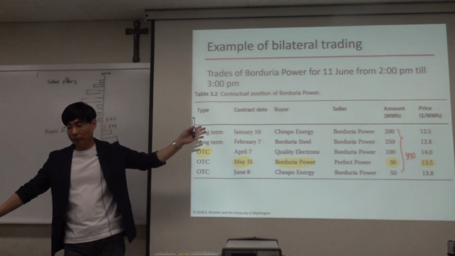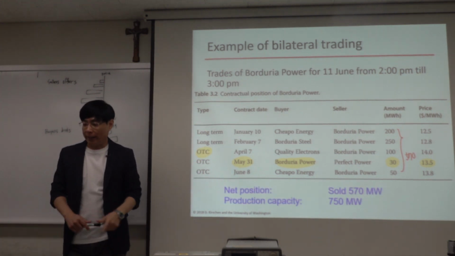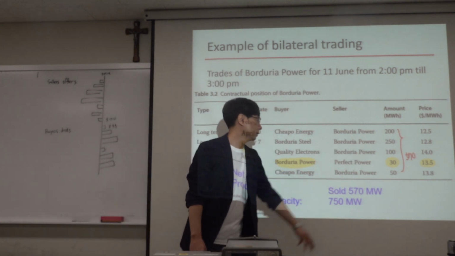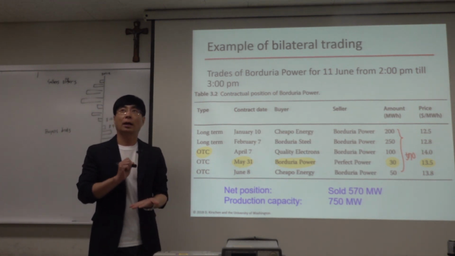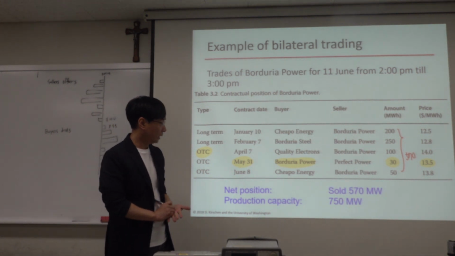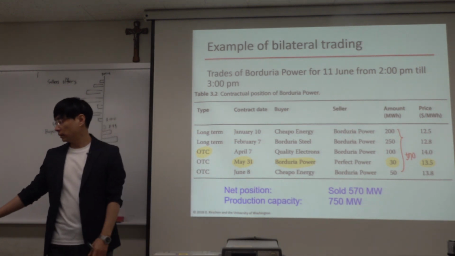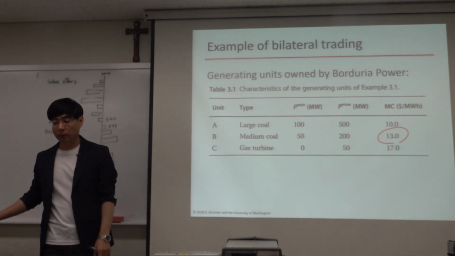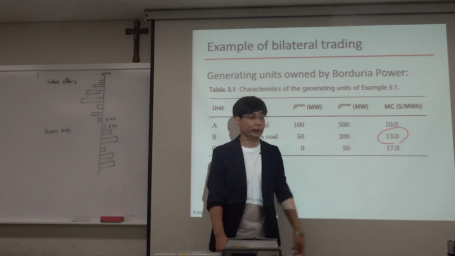So January, February, April, May, June 8th, and the net position of Bulgaria Power is that they have committed to sell 507 megawatt, and their production capacity is 750 megawatt. You see that here, 750.